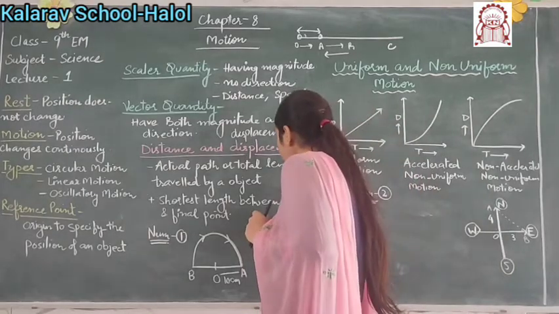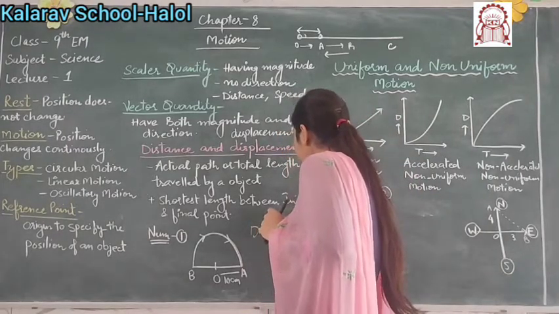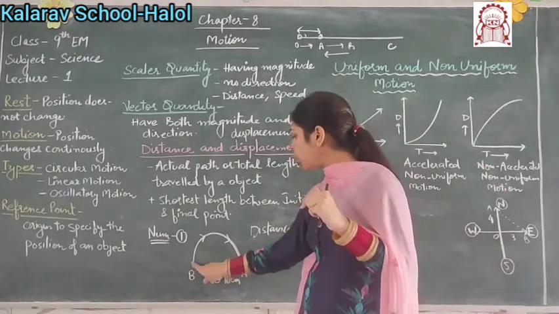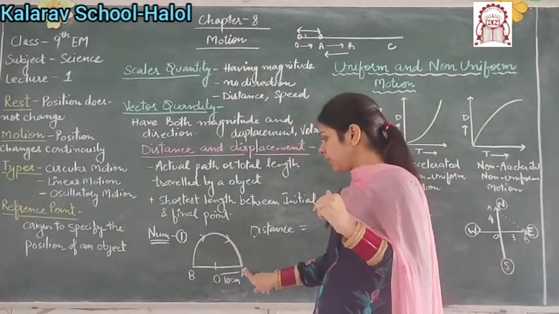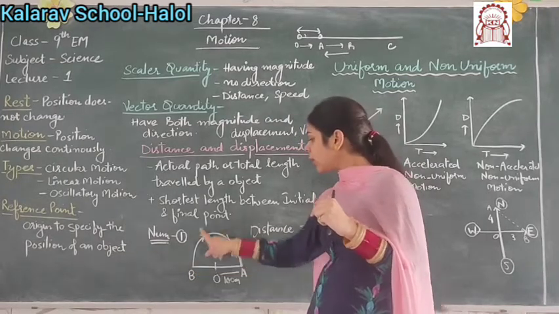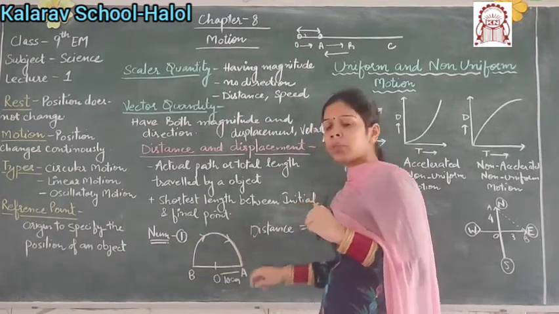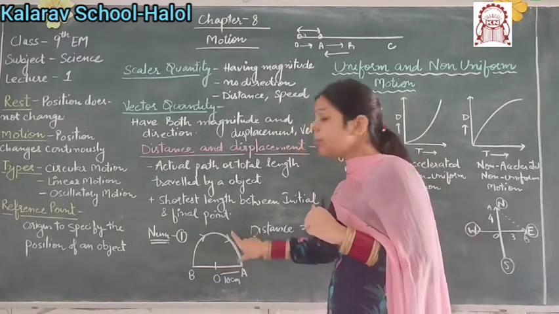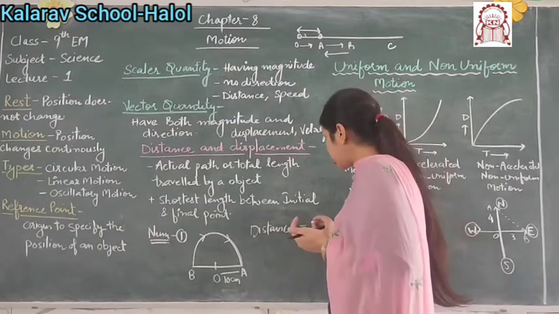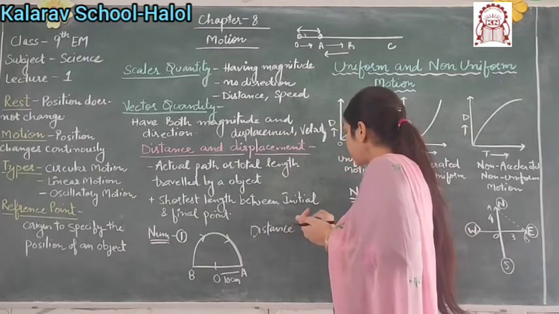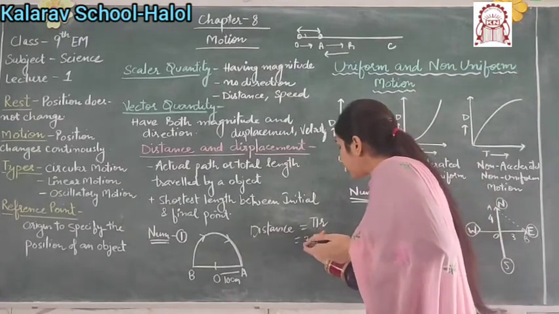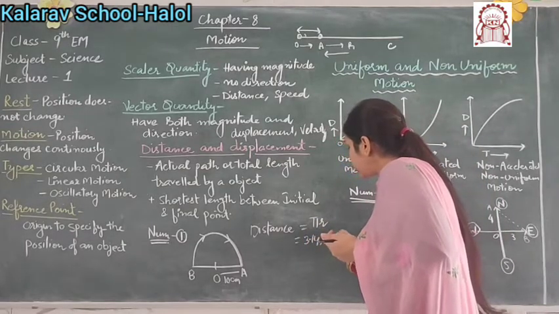So, as I told you earlier, the distance is the total path. As the object moves from this to this, which means B to A. So, how do we calculate the distance B to A? Here it is the perimeter of the semicircle, that is the circumference of the semicircle, which is pi r. So it is 3.14 into 10.